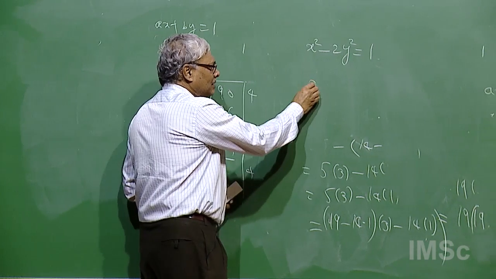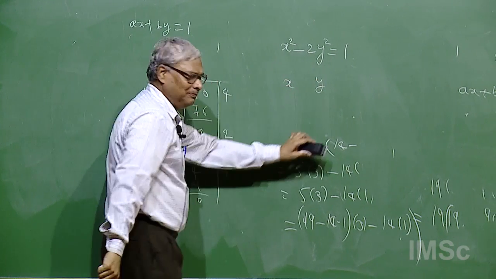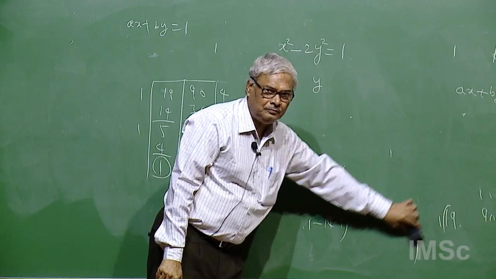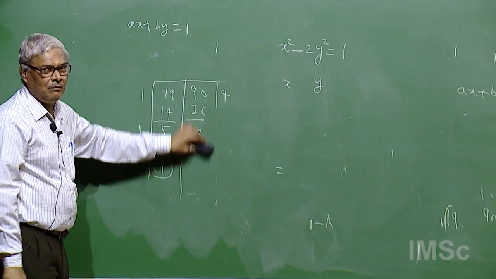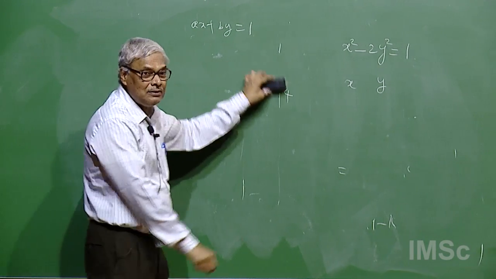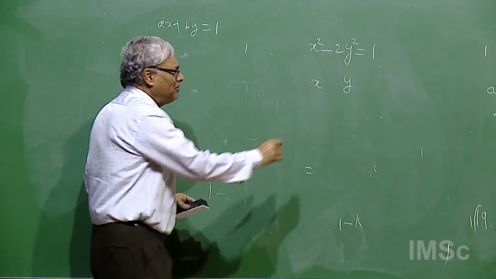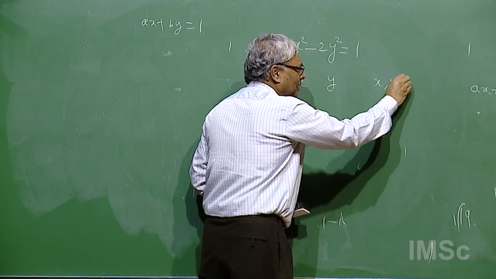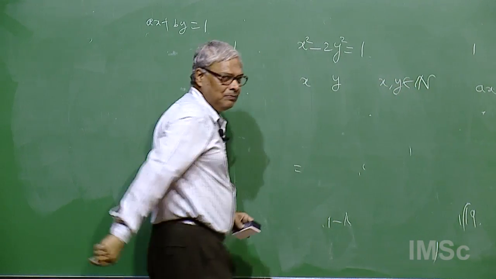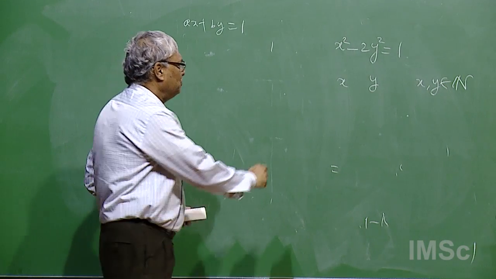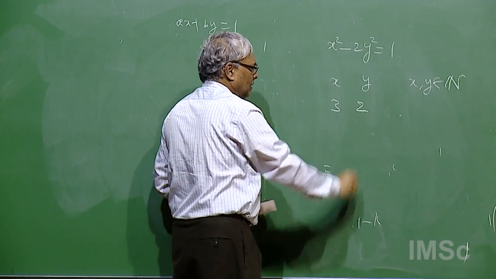Now, can you guess one solution for this equation? Yes? 1, 0. No, well, positive integer solution. See, we are looking at positive integer solutions. 3 and 2, yes.